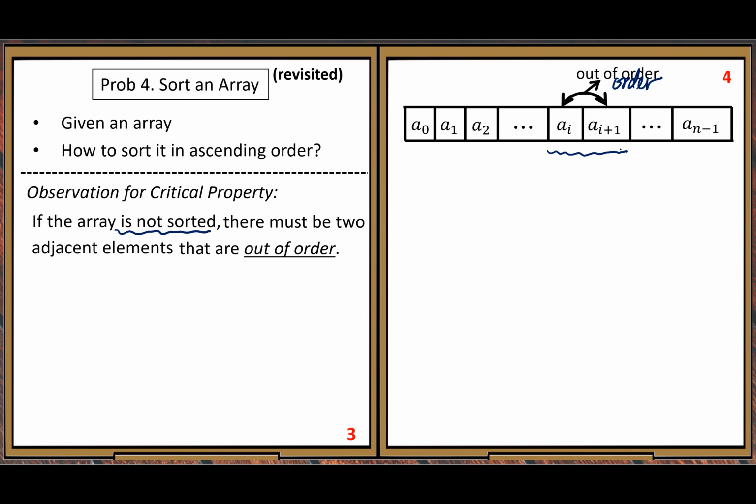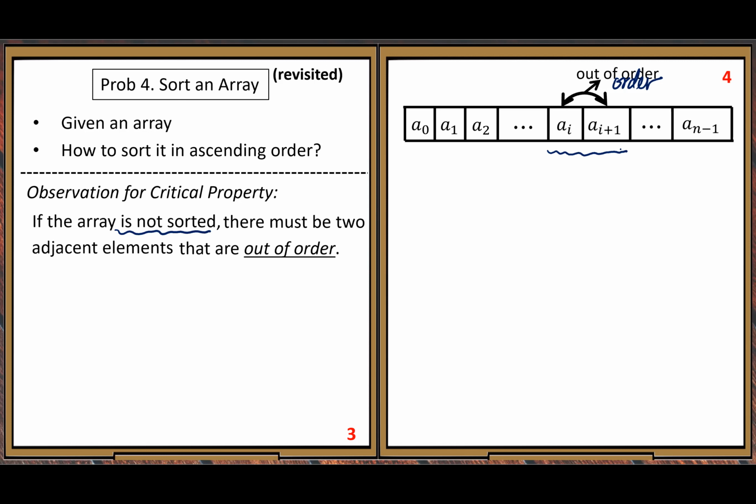If any pair of adjacent elements are in order, then the array must be sorted.